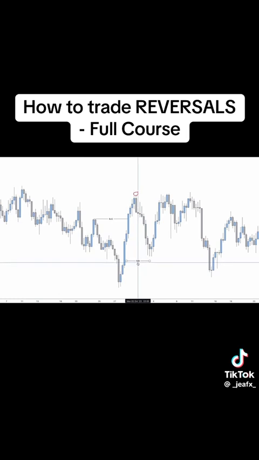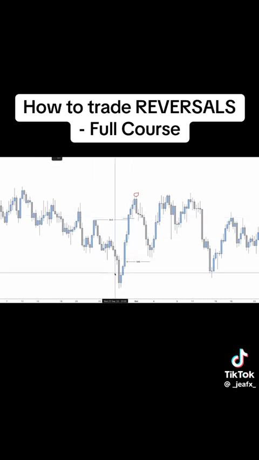Now, an imbalanced price range or an inefficient price range is actually just an open gap in price. So if we take a look at where I've drawn this arrow, ignoring this piece of price action for now, once we had this big drive up, we opened what we would call an imbalance from this candle here, up at the top, all the way down to this candle here at the bottom.